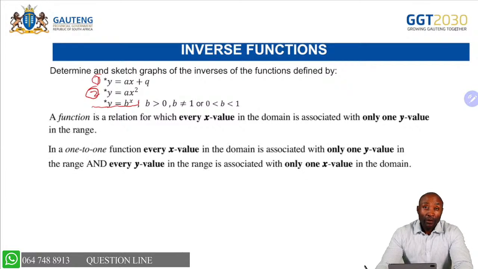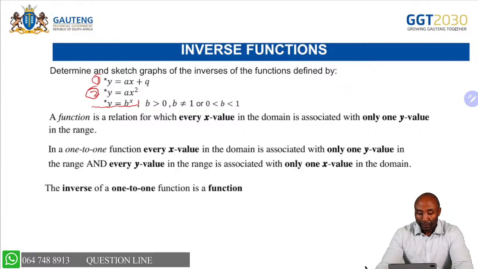And we also looked at a one-to-one function where for every x value in the domain, there is only one y value associated to it in our range, and for every y value in the range, there is only one x value associated to it in our domain.